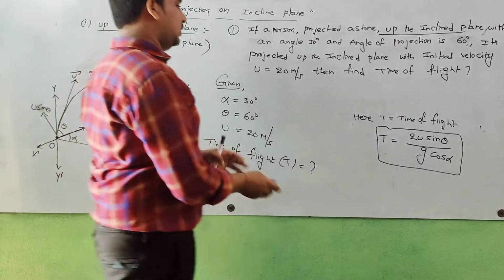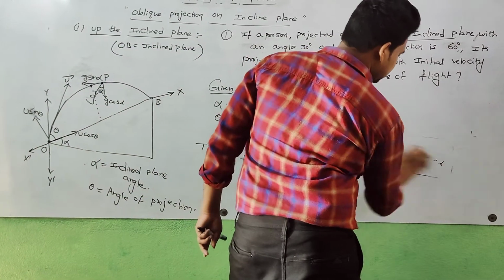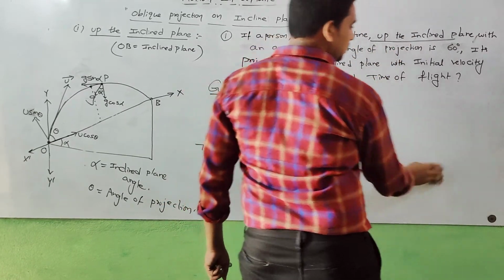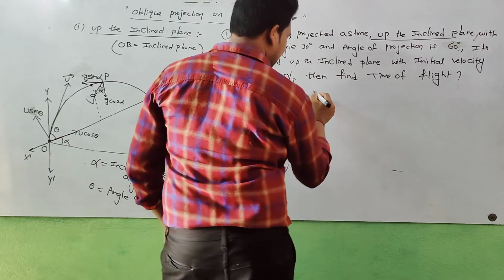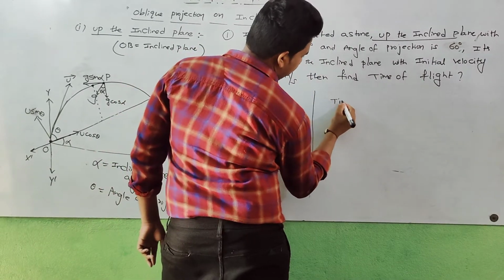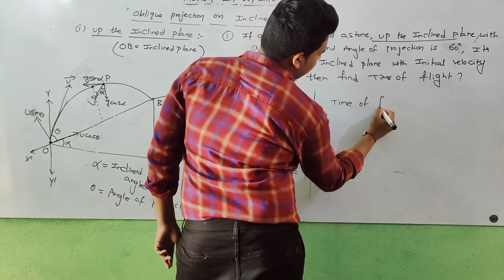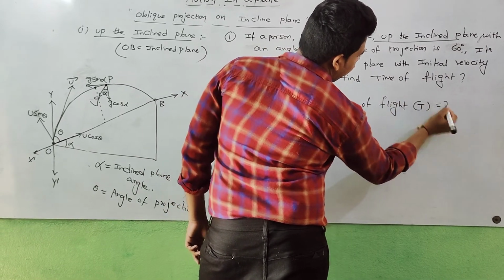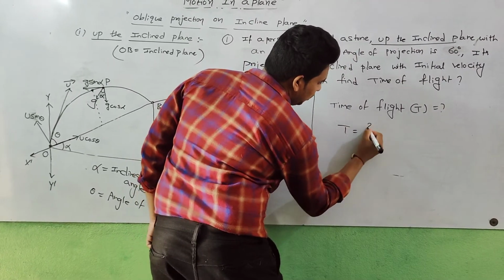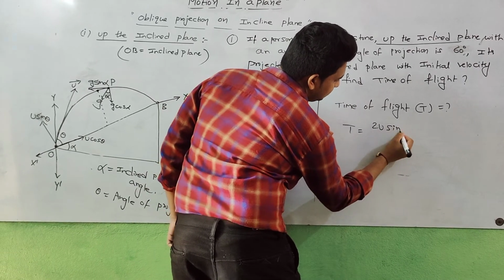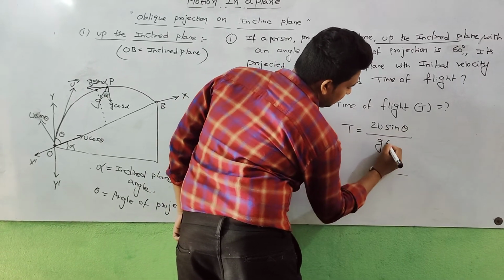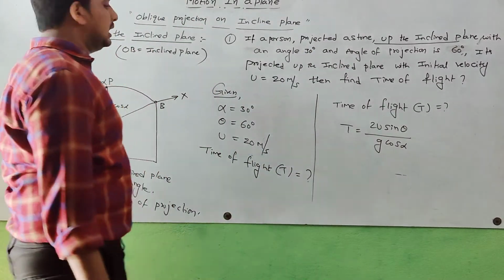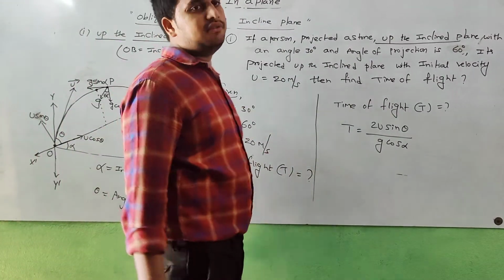Here the time of flight formula is T is equal to 2u sin theta by g cos alpha. 2u sin theta by g cos alpha is the formula of time of flight.